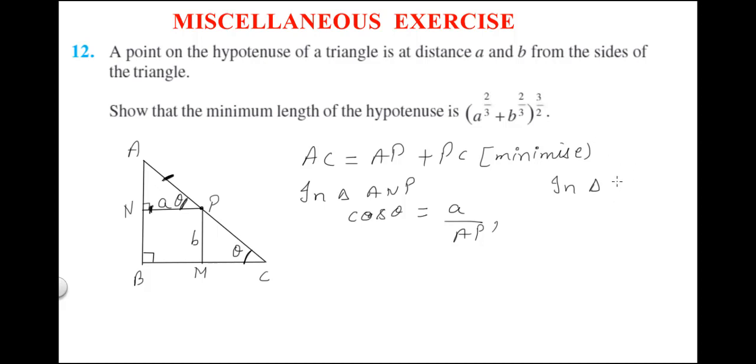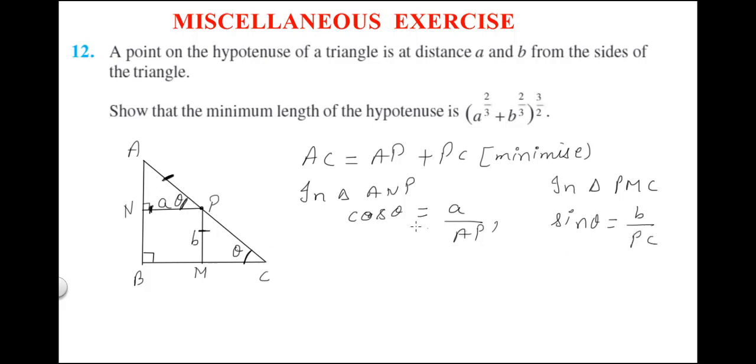Now in triangle PMC, we have the side opposite to angle theta and the side PC, which is the hypotenuse. So we can write sine theta equals the ratio of the side opposite to angle theta, which is b, divided by the hypotenuse, which is PC.